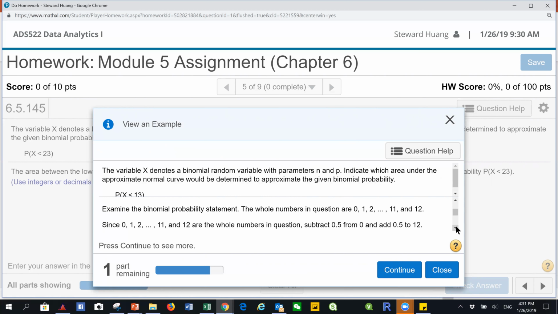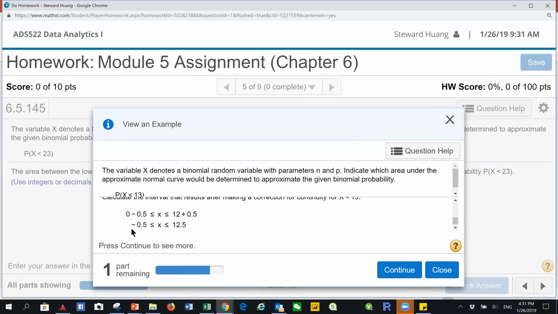Oh yeah, this is just to test your knowledge of the adjusting factor. You need an adjusting factor: plus 0.5, subtract 0.5 on either side. The reason why this is added or subtracted is that when you impose a curve on the bar, half of the area will be cut off.